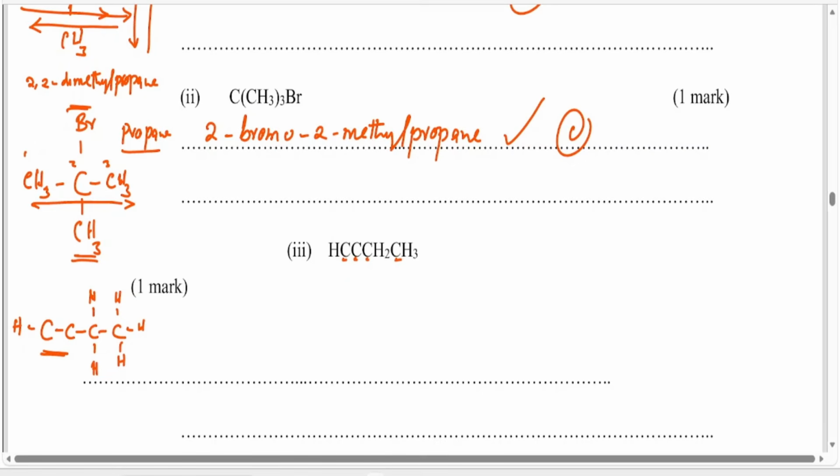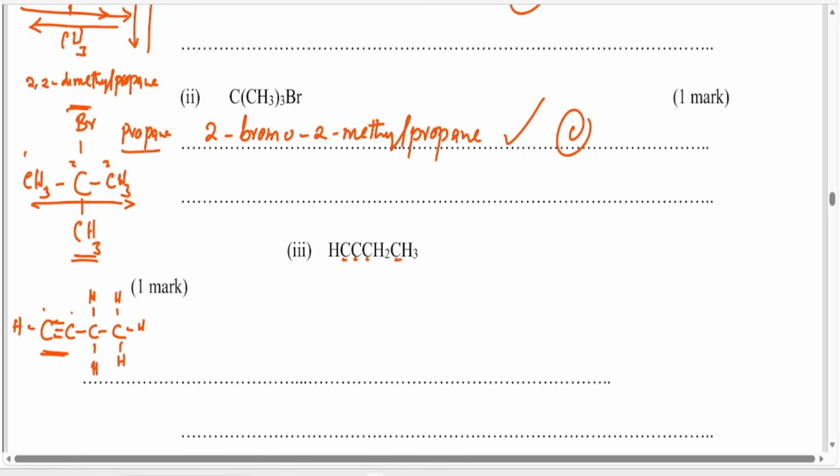If I put another bond here, it becomes 3. For the first carbon and the second carbon, if I add another bond, all the carbons become stable, each with 1, 2, 3, 4. So now it is the formula that you should be having.